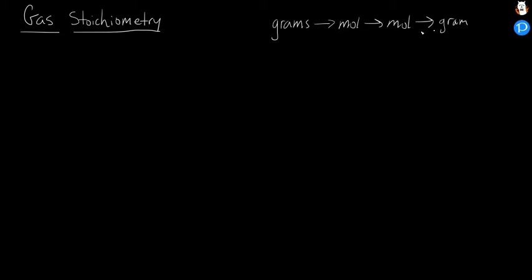So remember, it's those types of conversions that we're looking at when we're talking about stoichiometry. It's a little bit different in that we're dealing with gases specifically, and then pressures and temperatures, but it's really the same principles of those stoichiometric calculations that we've already been doing.